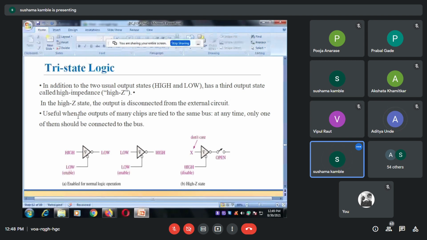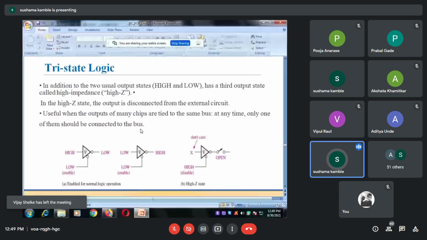Now why are we doing this? If it is going to be like this, why do this? See this last statement. When the outputs of many chips are tied to the same bus, at any time only one of them is enabled and the others are just disconnected.